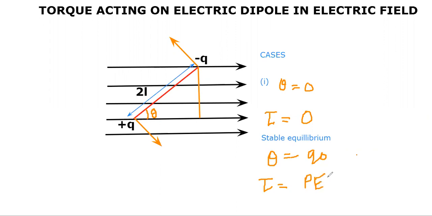This condition is called unstable equilibrium, and this is the condition in which maximum torque acts on the dipole. So these are the two conditions that you have to remember, either by the name stable or unstable, or by theta 0 or theta 90.